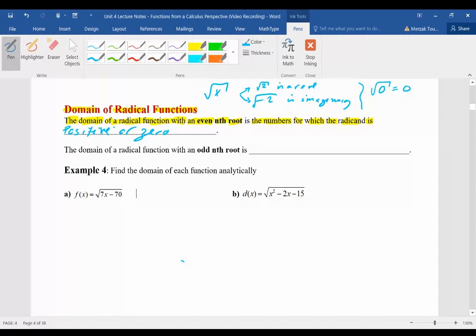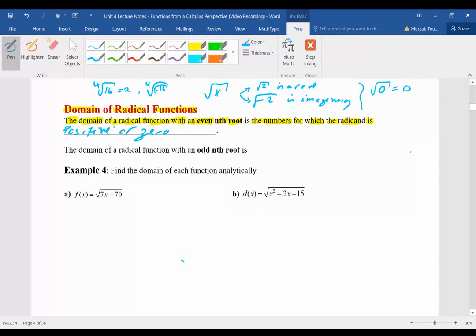Now, the fourth root of something falls under the same rule because 4 is even. For example, the fourth root of 16 is 2. But the fourth root of negative 16 is imaginary. It's not real.